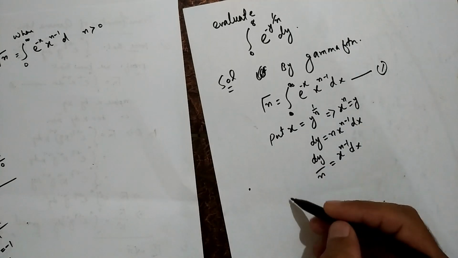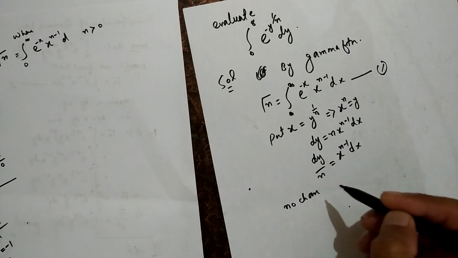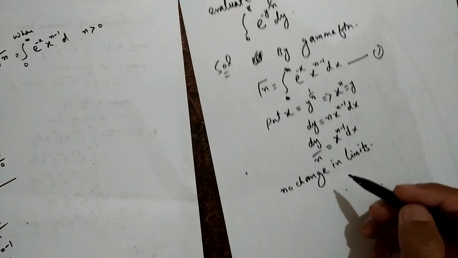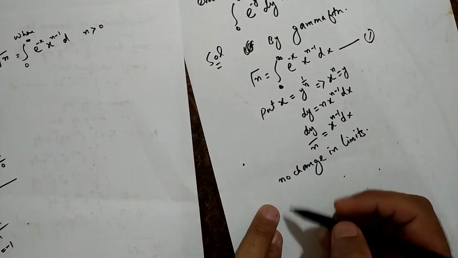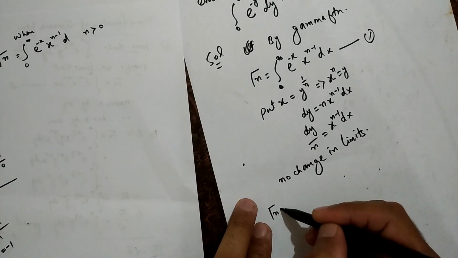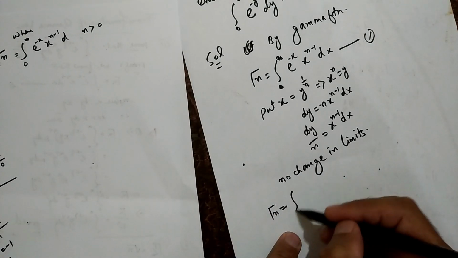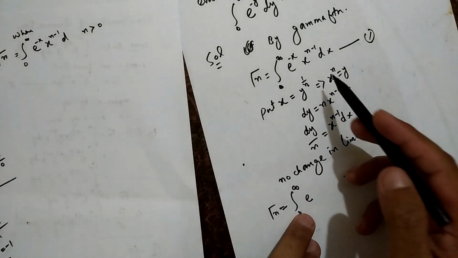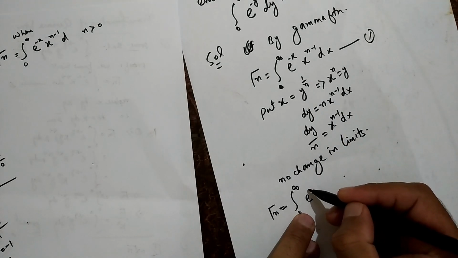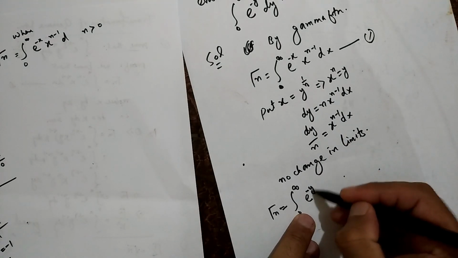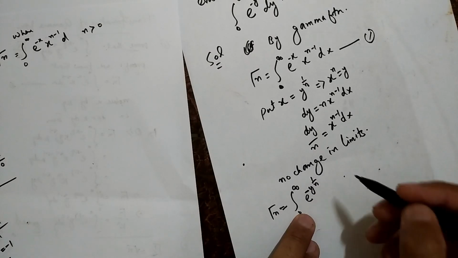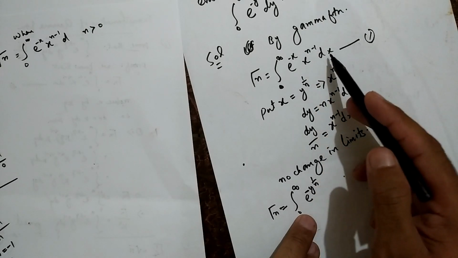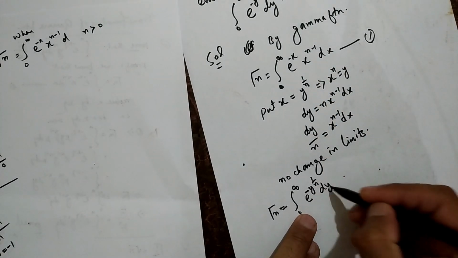So there will be no change in limits. So putting these values in equation number 1, this will be gamma n is equal to the integral from 0 to infinity of e to the power minus y to the power 1 upon n, and x to the power n minus 1 dx is dy upon n.